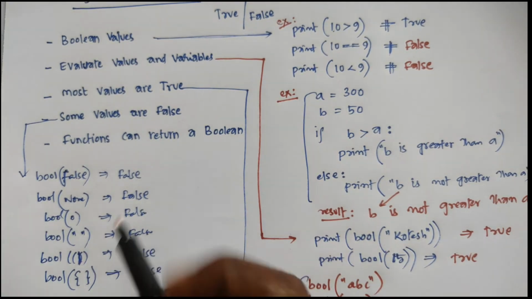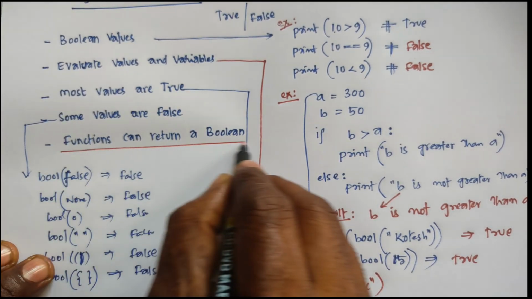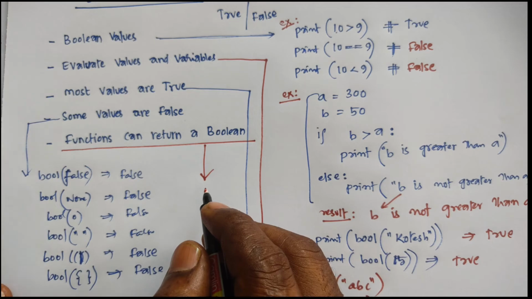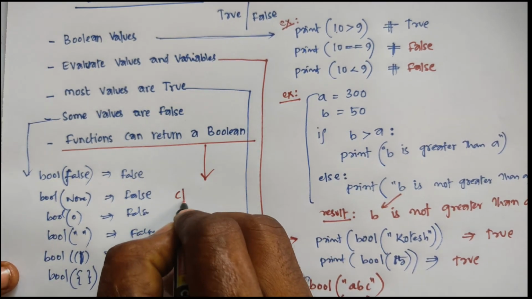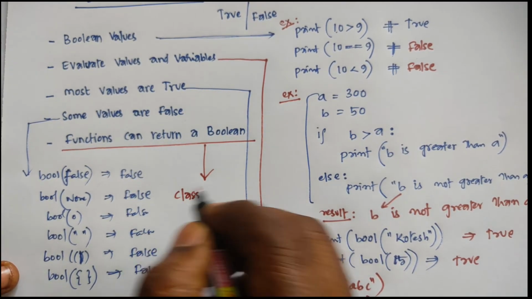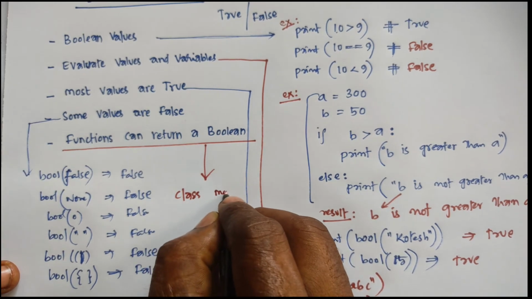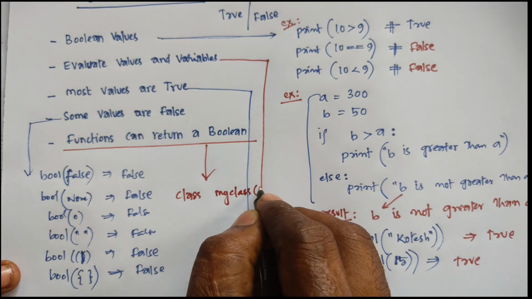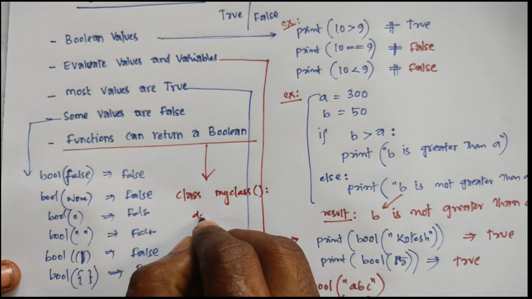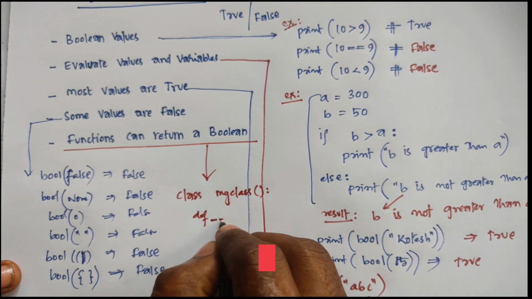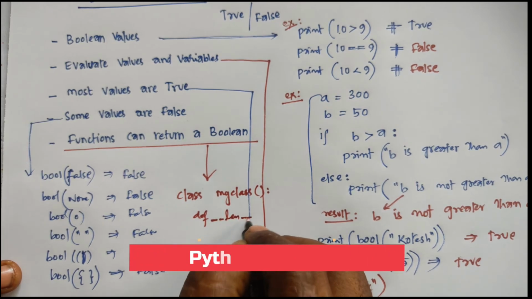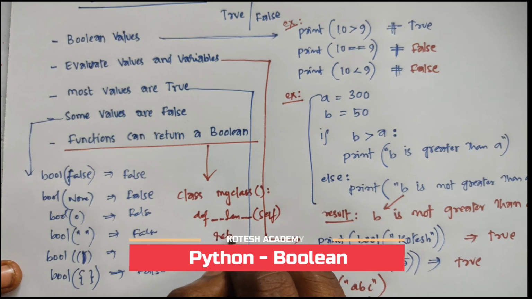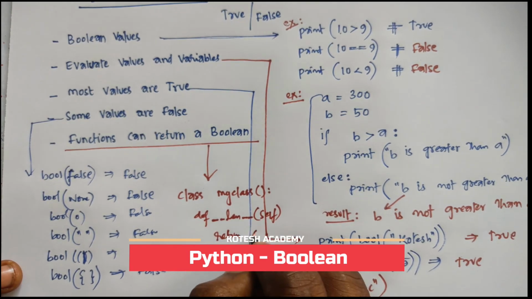And the last one is functions can return a Boolean. In detail, we will discuss this concept in the next video. So this is my class, with a function name. Then you define __len__ with self and return 0.